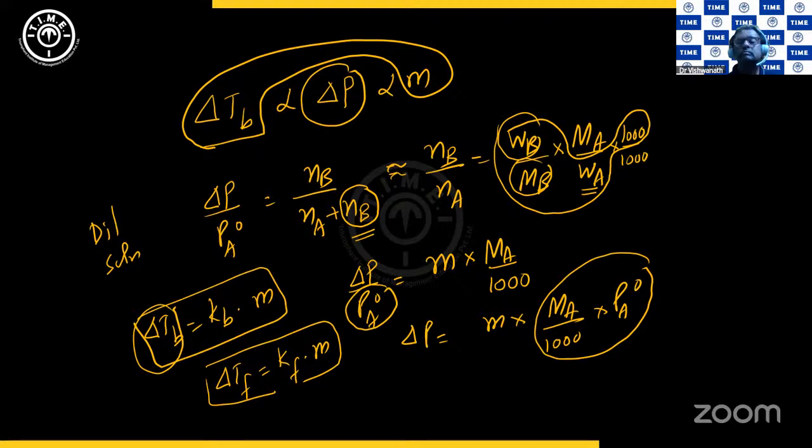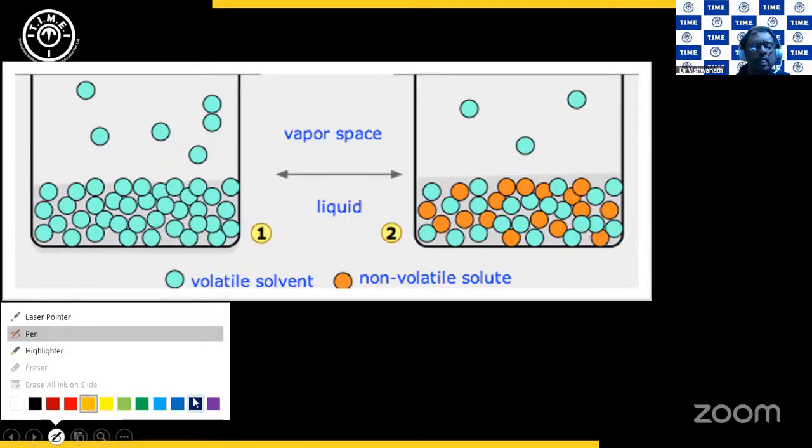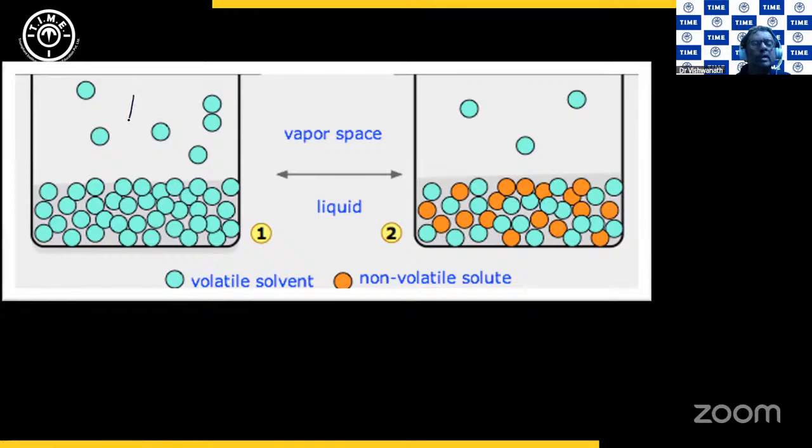All right, quickly, just one minute. This is pure liquid A, and this is A plus B. Here, all the molecules on the surface were made up of A. Here, some B molecules are also there, and therefore the tendency to go into the vapor has become less.